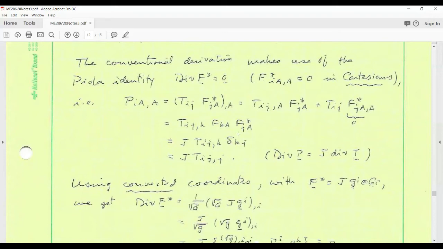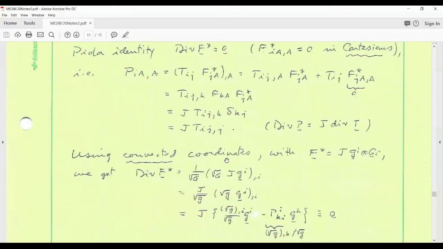Right. And sum on A here, I just get Kronecker delta Kj. Sum on K, I get Tij comma J, which is the divergence in the current configuration with a prefactor of J. In other words, referential divergence Piola equals J times current divergence of Cauchy.